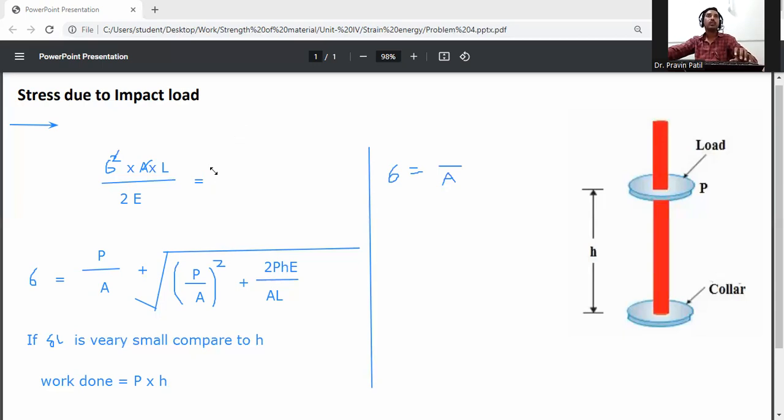This one is P into H. So directly we don't require this.